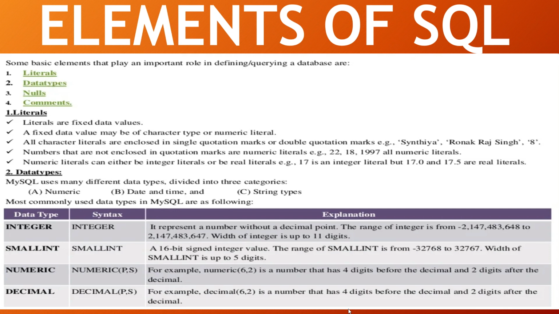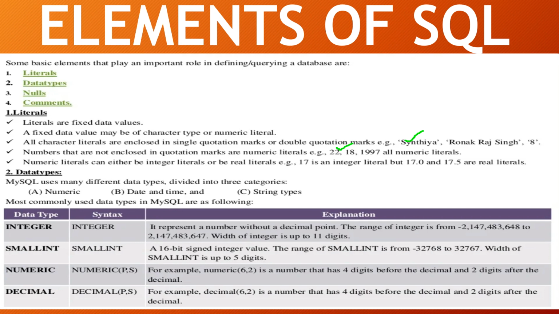When we learn any programming language, we also learn about a concept, that is fixed value as well as variable. So literals are those values which are fixed. For example, whenever you are giving a fixed name or a fixed numeric value, then it is known as a literal.